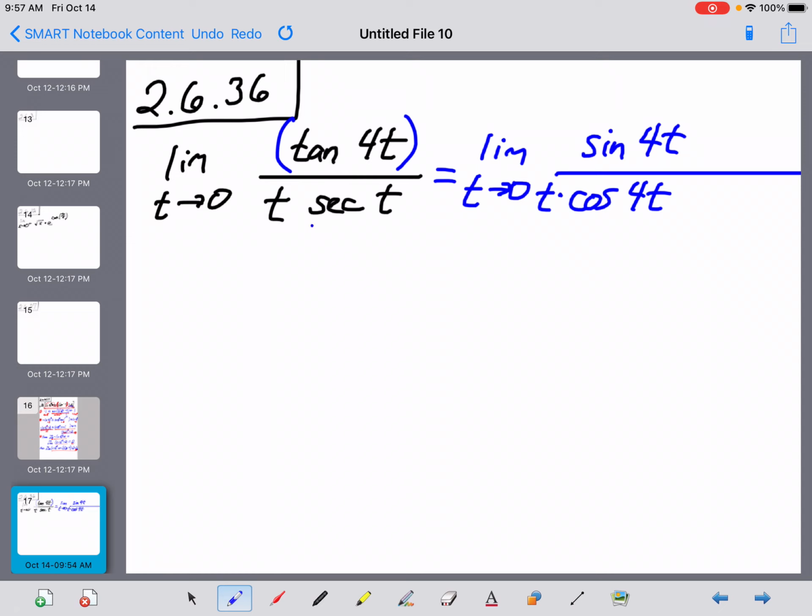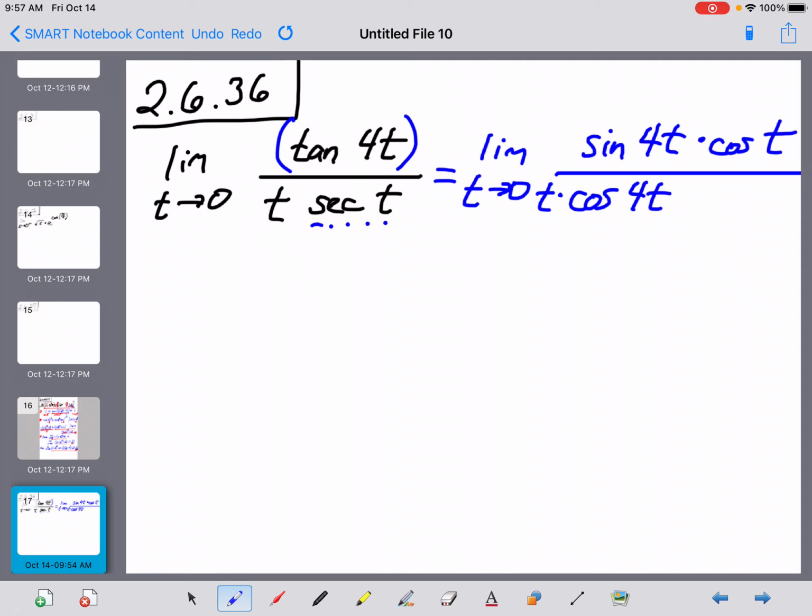I also need to take care of this secant of t. A reciprocal trig function like secant in the denominator of your fraction doesn't make much sense. A secant on the bottom is more easily dealt with as a cosine up in the numerator. We're dividing by 1 over cosine, which is just multiplying by cosine on top.